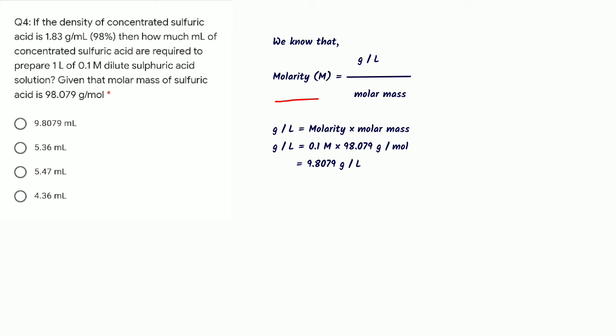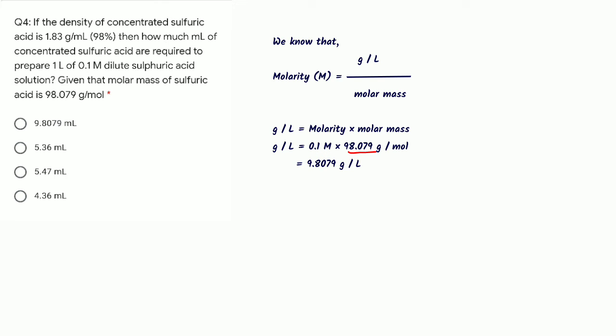Molarity M is equal to gram per liter divided by molar mass. Here we know the molar mass of the sulfuric acid, which is 98.079 gram per mole, and we know the molarity of the dilute sulfuric acid which we have to prepare. So how much do we have to prepare? 0.1 molar, and here the molar mass of the acid.